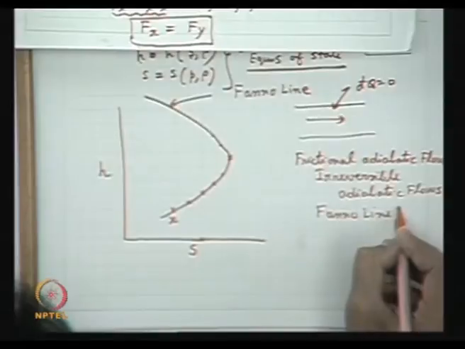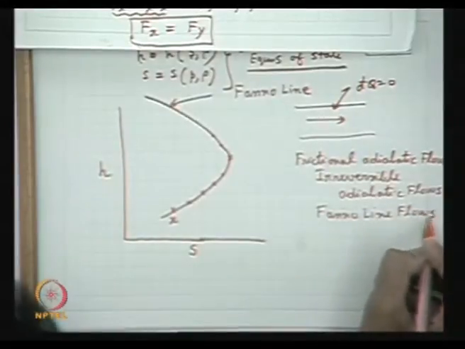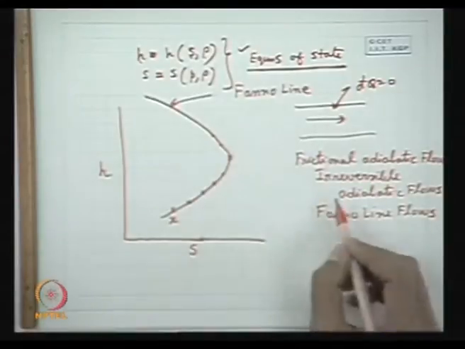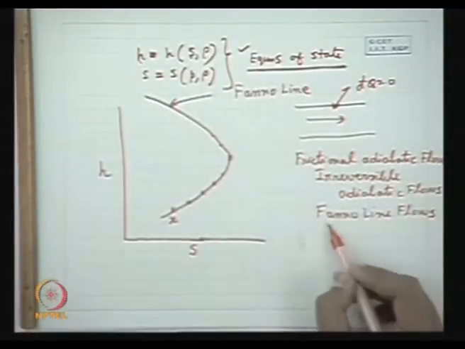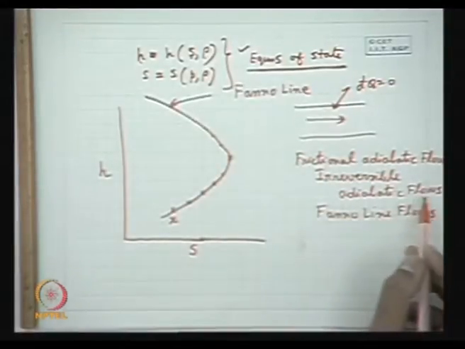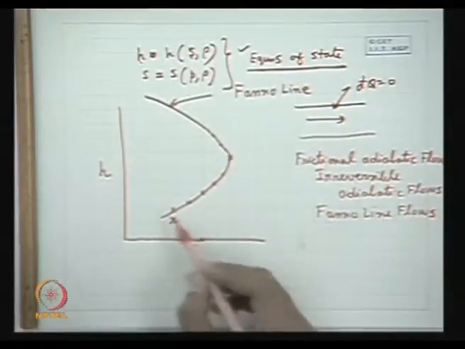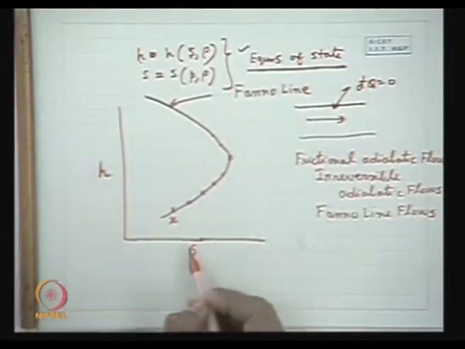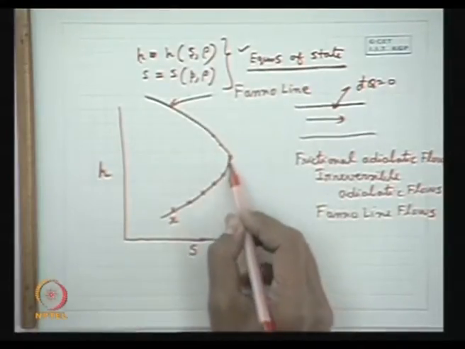That means the state points in these flows are on this line. Frictional adiabatic flows, or Fano line flows, that is irreversible adiabatic flows, are flows with constant stagnation enthalpy. So their enthalpy and entropy change along this line.